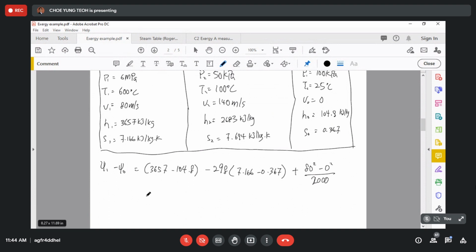So I get the value here, 1529.3 kilojoule per kg.